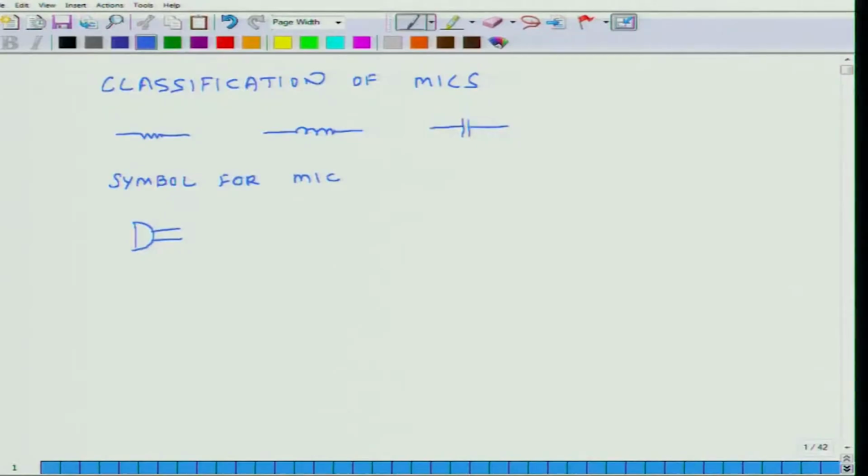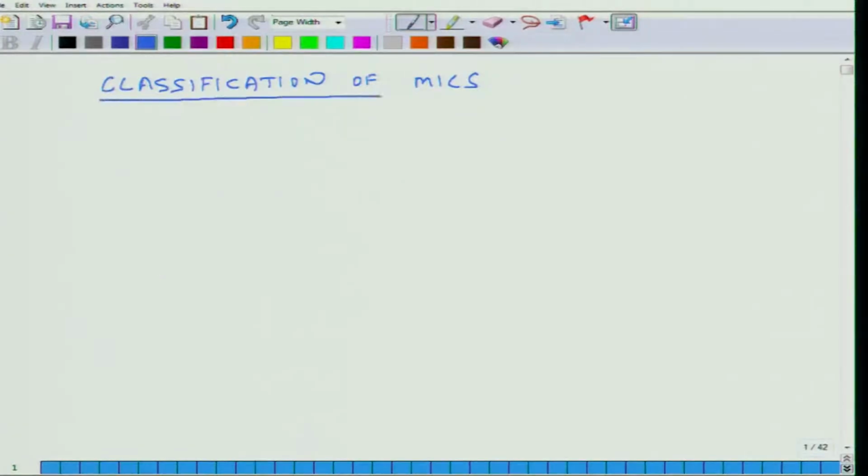Now we will start the classification, and we will classify these microphones in a couple of ways. The first basis on which we will classify these will be based on operating technology.